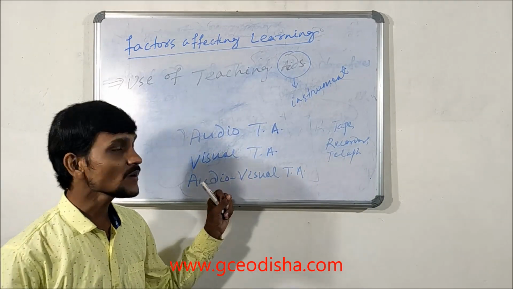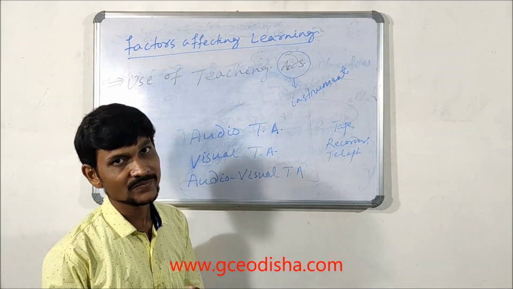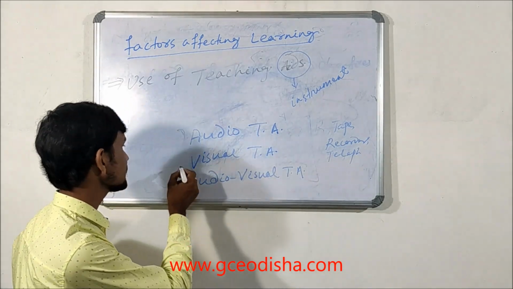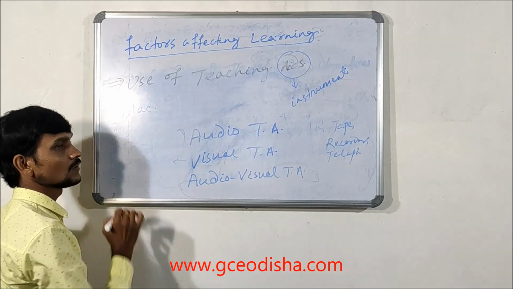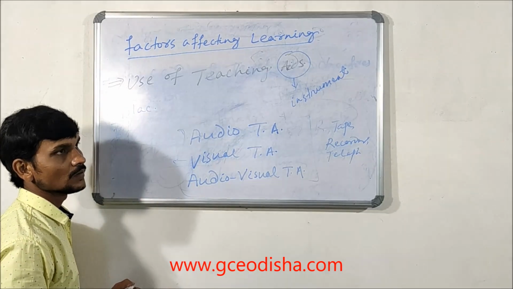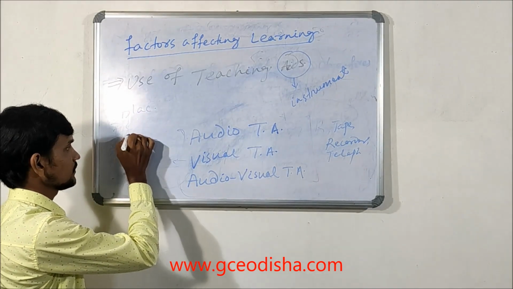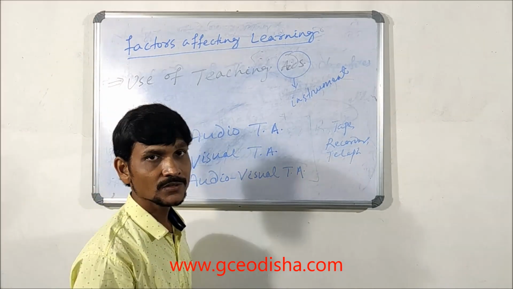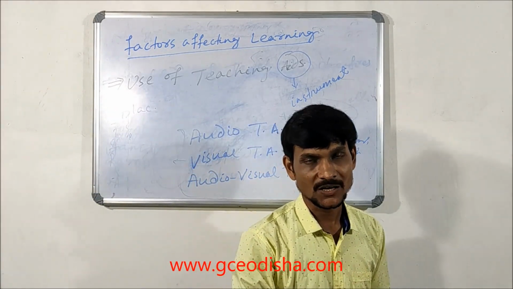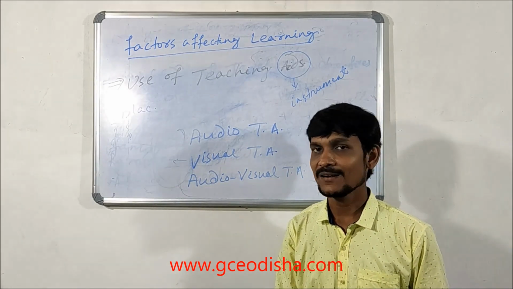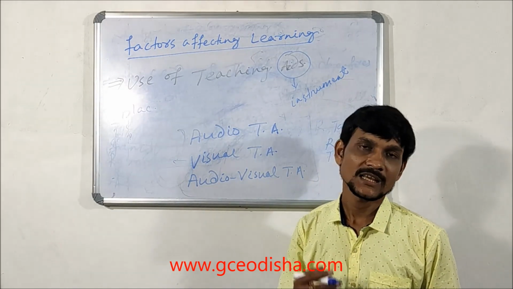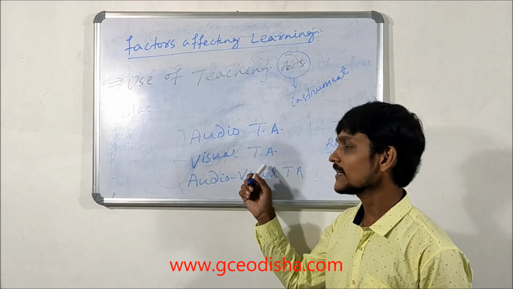Visual teaching aids, only watching. Visual teaching aids, example, blackboard. We see the blackboard, pen, chalk, duster, books, magazines, journals, globe, map, diagram. These are the examples of visual teaching aids.